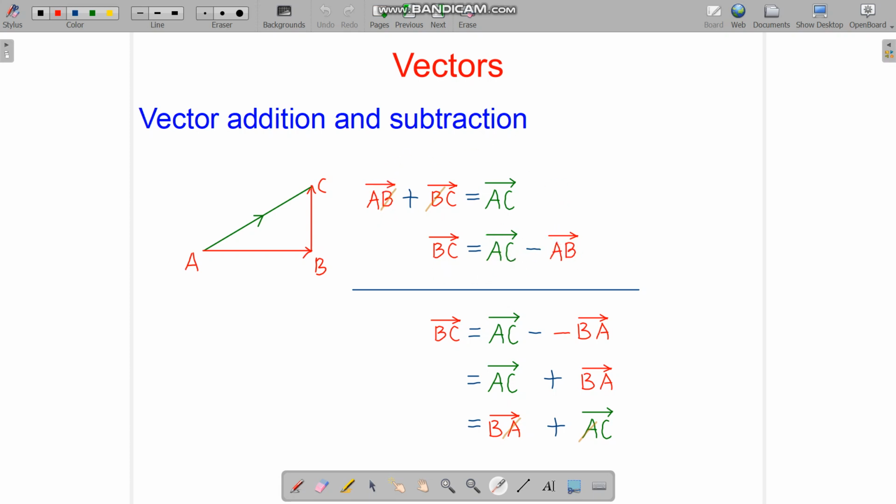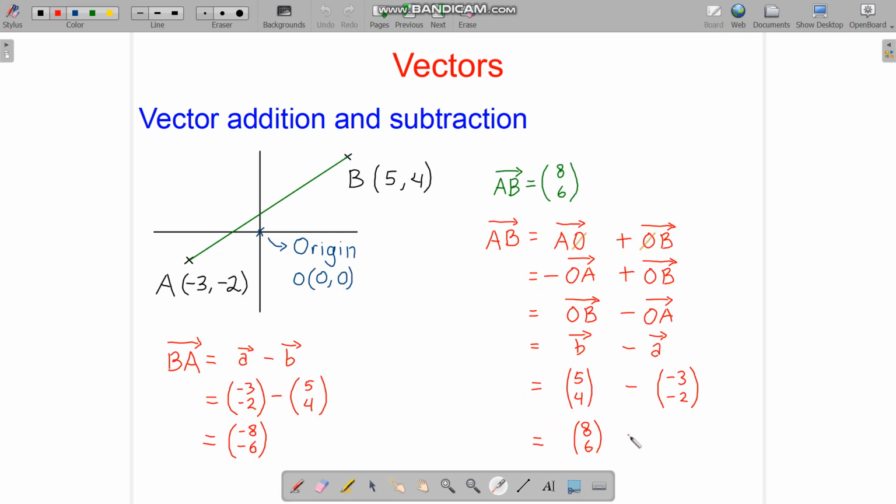BC equals AC minus AB, and this makes sense because BC equals AC plus BA. We replace AB with minus BA. Minus minus becomes plus. And if you switch the order, BA first and then AC, you can see it's an addition now, same letter, you can cancel out. So again, this is BC. So that's the concept.